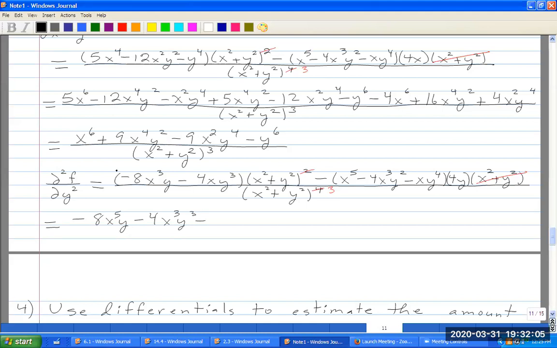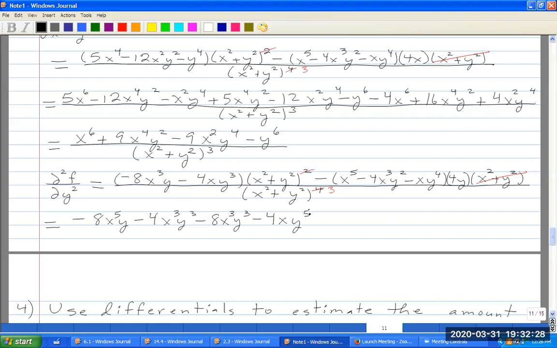Multiply everything by y^2, minus y^3 minus 4xy^5.